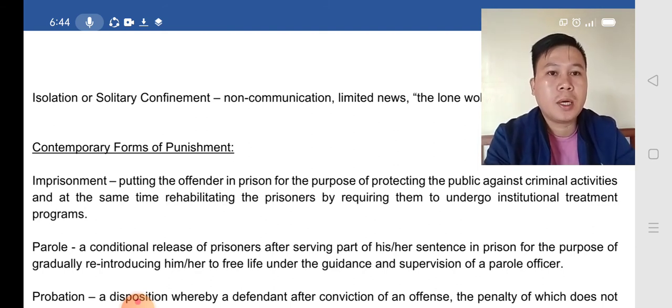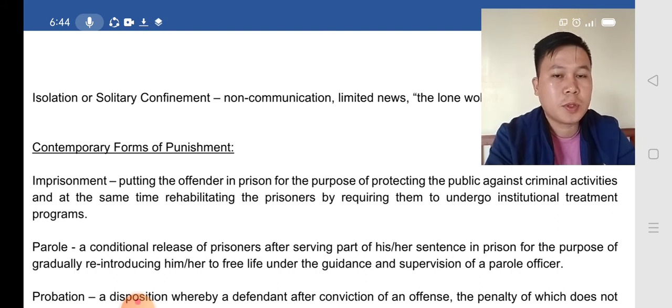A conditional release of prisoners after serving part of his/her sentence in prison for the purpose of gradually reintroducing him/her to free life under the guidance and supervision of a parole officer. So ang parole is yung conditional release, papalabasin ka sa kulungan after serving part or after serving half of his sentence.